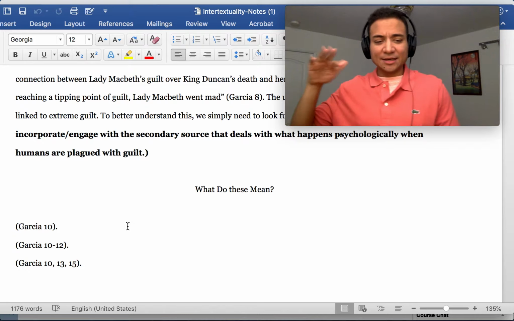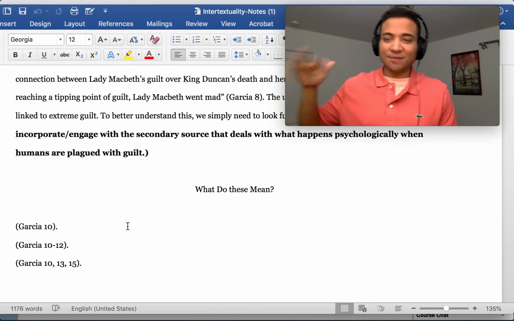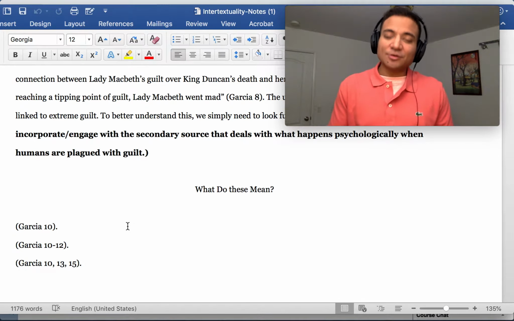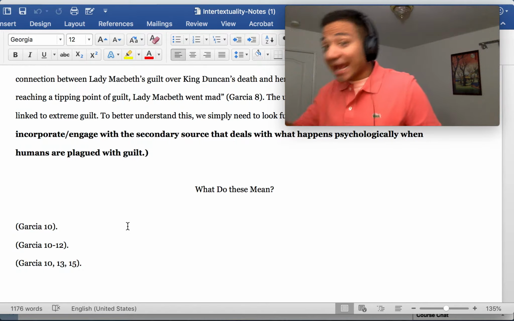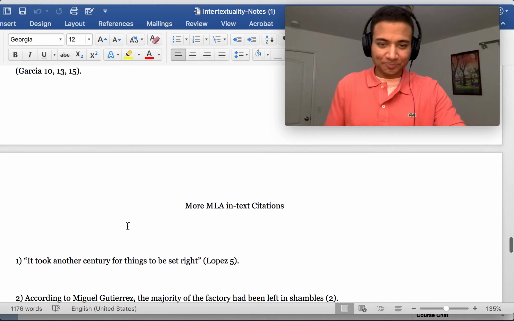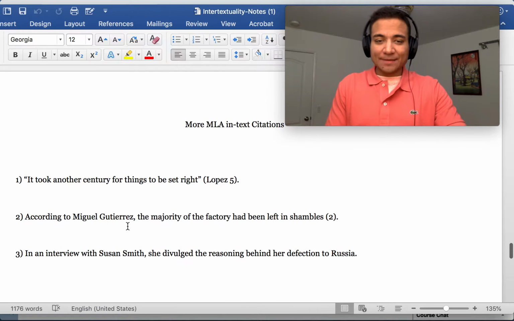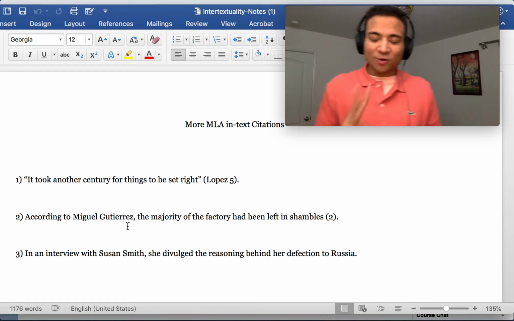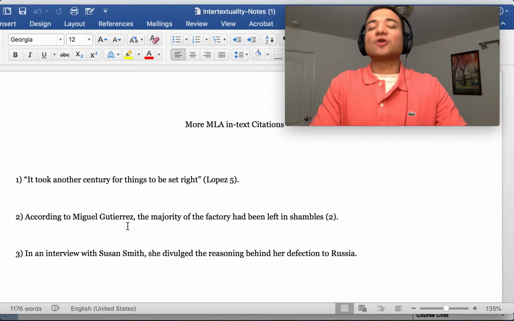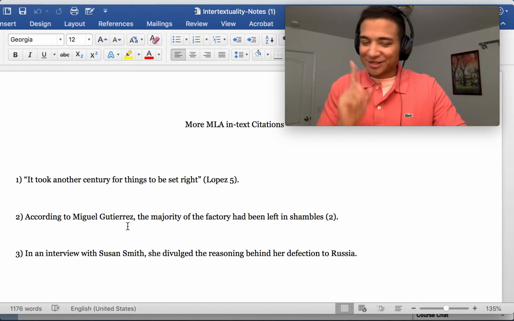What about this? Garcia 10, 13, 15. So this means that what we're looking at is found on pages 10, 13, and 15. Okay? So pay attention, because I'm going to give you the answer to 3 questions from your homework that are going to confuse you unless you pay attention.